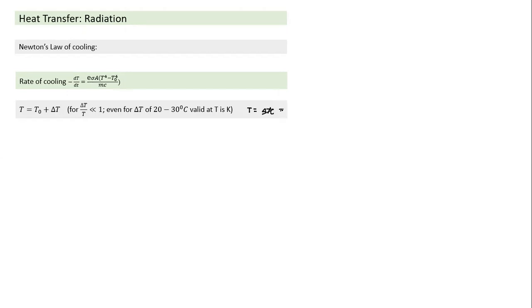So the object temperature is 320, and the surrounding temperature is 27, which is 300. If we write these values here, what is delta T in this case? Delta T is 20. I need to divide this delta T, 20, by this value capital T, or T naught. If we divide 20 by 300, it becomes much less than 1.